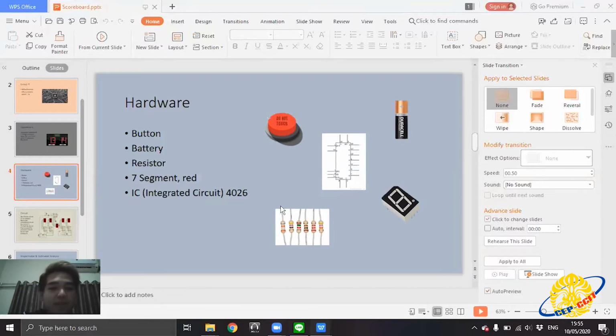And then we have battery. A battery is a device that produces electrons through electrochemical reactions and contains positive and negative terminals. A battery consists of one or more electrochemical cells, which transform stored chemical energy directly into electrical energy.